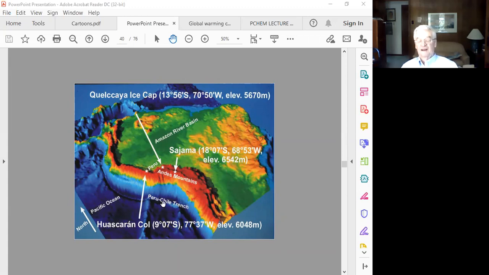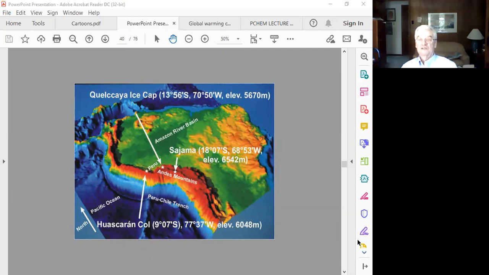Okay, so most of you probably know the Andes is the longest mountain range in the world. It goes from the very tip of northern South America to the very southern tip, where you have Patagonia, south of Argentina. I've never made it to Patagonia, but I've had several nice trips to Argentina.